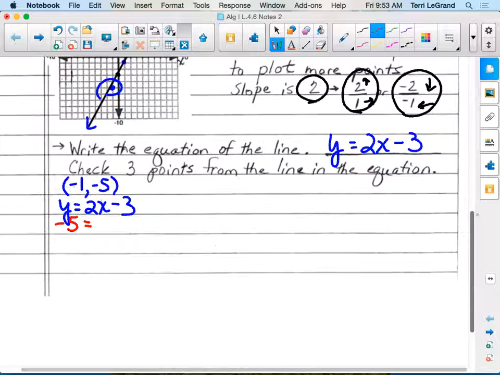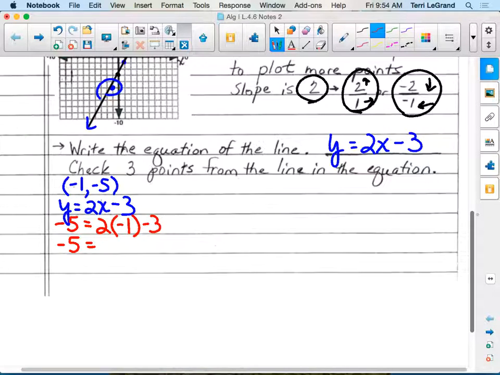We're just checking to see, is that ordered pair really a member of this equation? Because if we graphed it correctly and we wrote the equation correctly, this should check out. It should make the equation true. What do we put in for x? The negative 1 from our ordered pair. And then subtract 3.